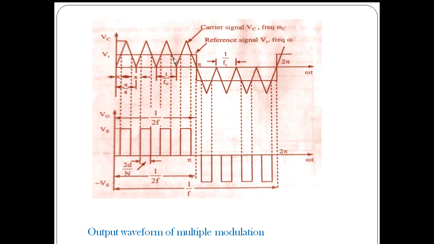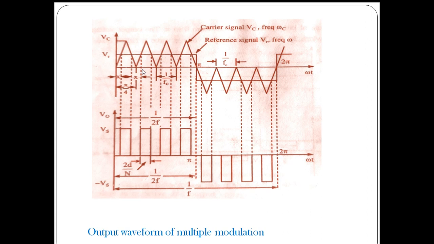The reference signal magnitude is VR and its frequency is omega, and this is the positive portion from 0 to pi. From pi to 2 pi, this will be the negative portion.